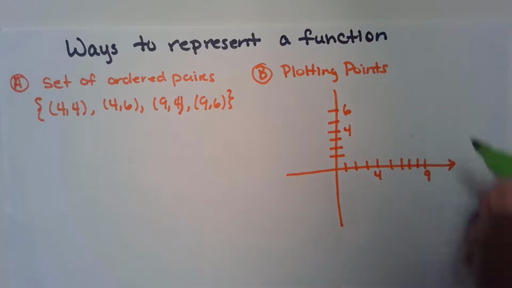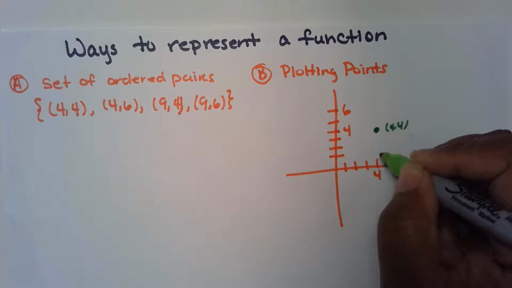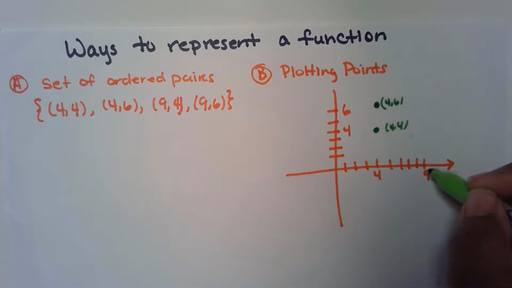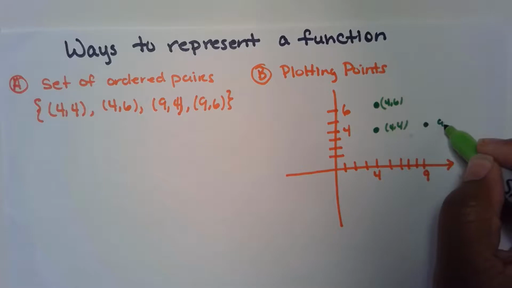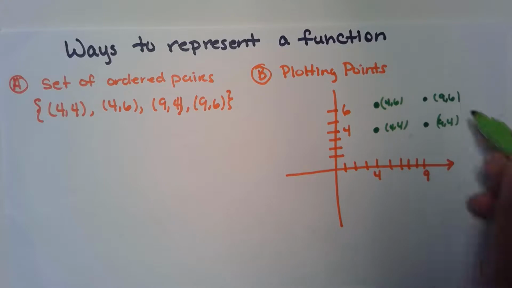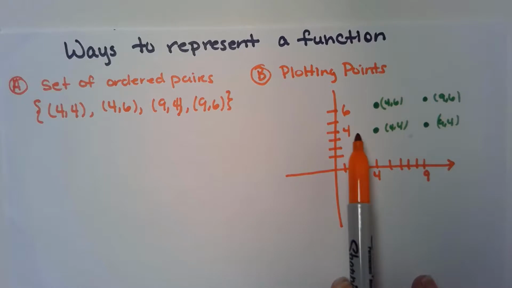We have (4, 4), we have (4, 6), we have (9, 4), and we have (9, 6). And we'll talk about, if you choose to plot points, what test will be used to determine if this relation is a function or not.